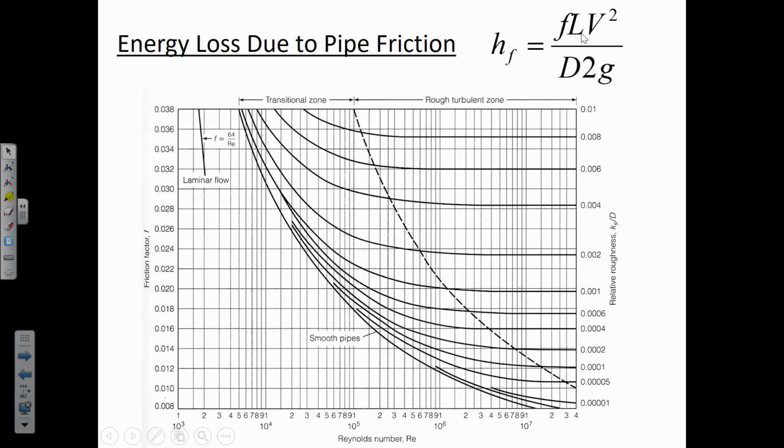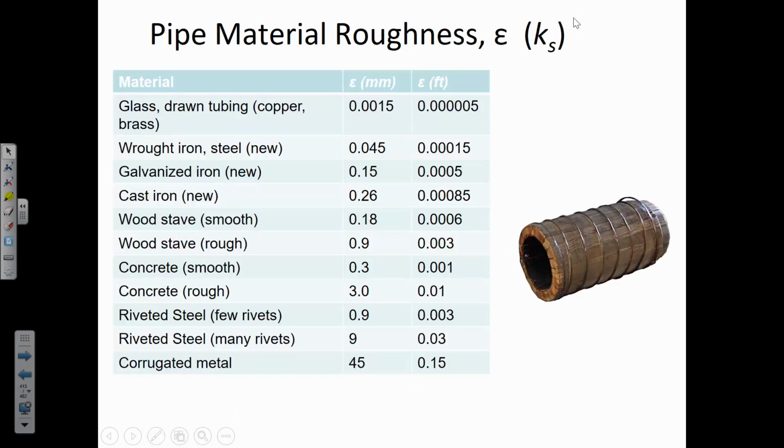All of these values, F, L, V, D, and g, are easily determined, but the friction factor F that we should use to calculate the energy loss due to pipe friction is pretty hard. F is not the same thing as the equivalent sand roughness, epsilon, which is a physical constant that depends on the material.